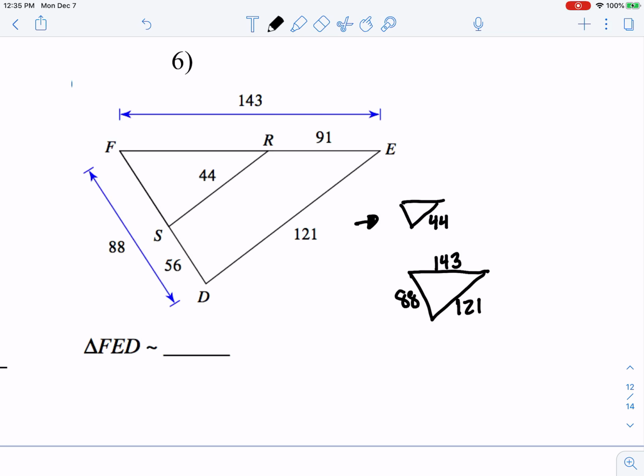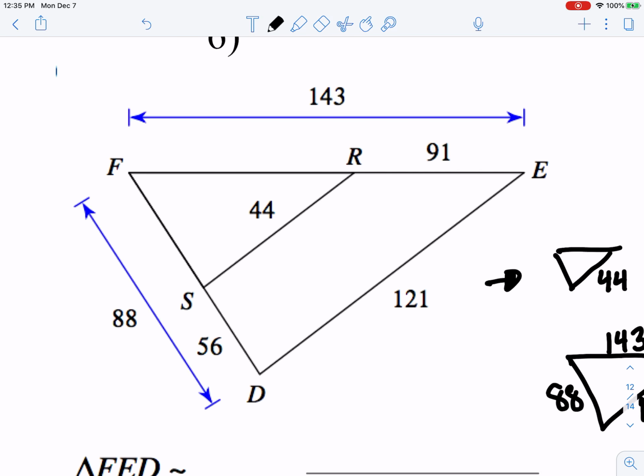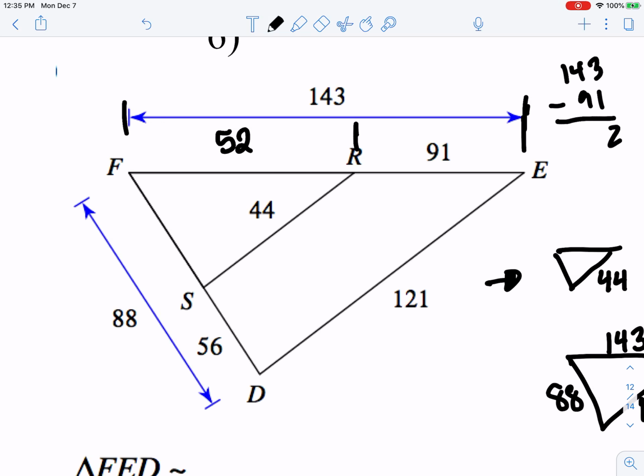Here, we go back to our addition postulates. If this entire side is 143 and here to here is 91 of it, my remaining side must be 52. The only way I do that is I subtract the known part from the total, and that gives me my remaining.